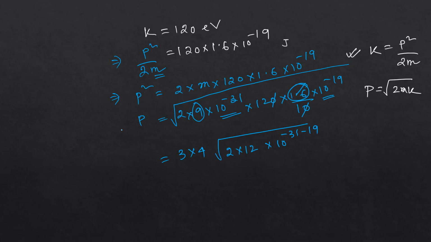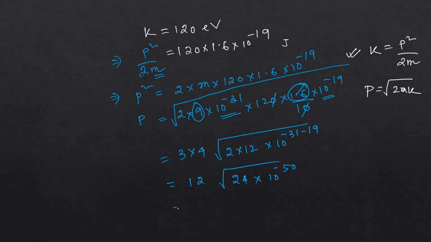I hope up to that much you have understood. We are just minimizing the calculation as we don't have a calculator, so we have to proceed like this. Now 12 to the 24, right? If you want, you can keep it like this: 12 under root of 24 into 10 to the power, I think it is becoming minus 15.